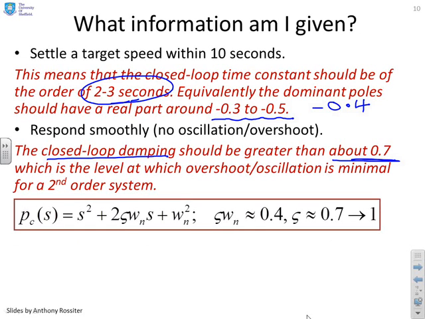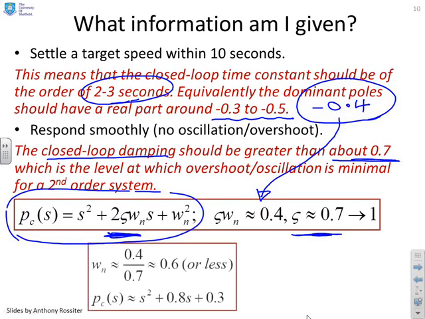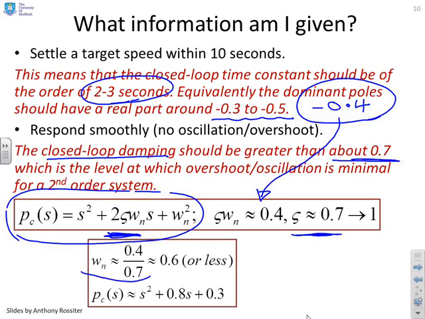So what does this tell you? Here's the closed-loop pole polynomial written in standard damping form, s squared plus 2 zeta omega n s plus omega n squared. First of all, we're told that the real part must be around minus 0.4. So if you put that in here, you get zeta omega n is approximately 0.4. In other words, 2 zeta omega n would be 0.8. Now, because often you can get higher gain that way, if you assume the damping was on the limit, about 0.7, then omega n is 0.4 over 0.7, which is approximately 0.6.